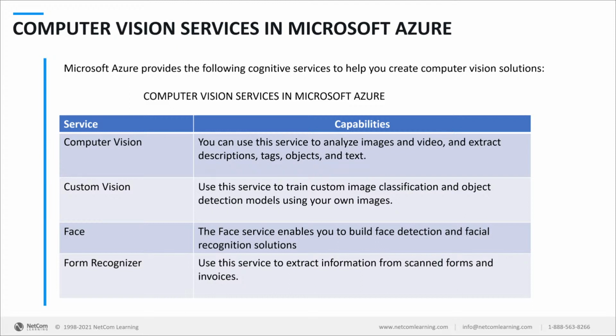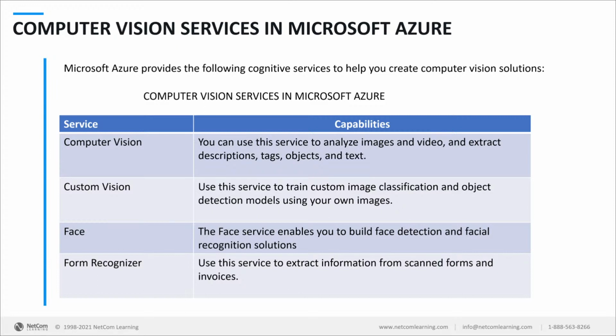Usually when you take a picture, there will be some sort of description attached to it. You may have different tags attached to it, an object associated with it, or alternative text associated with it. The computer will actually look at the image, extract all of that information and record it into the database for that particular machine learning module. There are also custom computer vision models that we can generate.